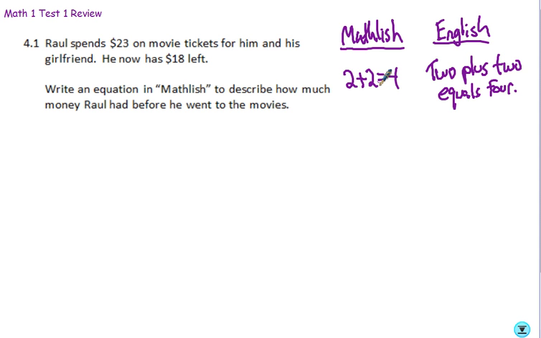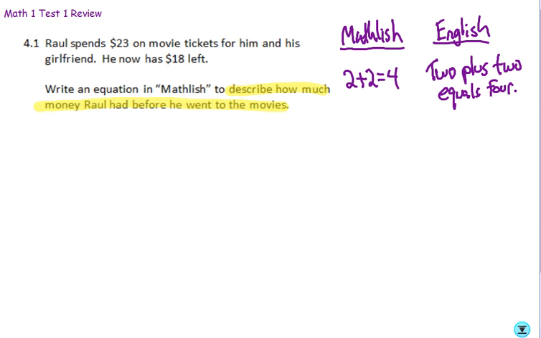So just in the same way that instead of writing all this stuff out, I wrote that, I'm going to do the same thing here. We're trying to describe how much money Raul had before he went to the movies. Well, I don't know how much money he had before he went to the movies.